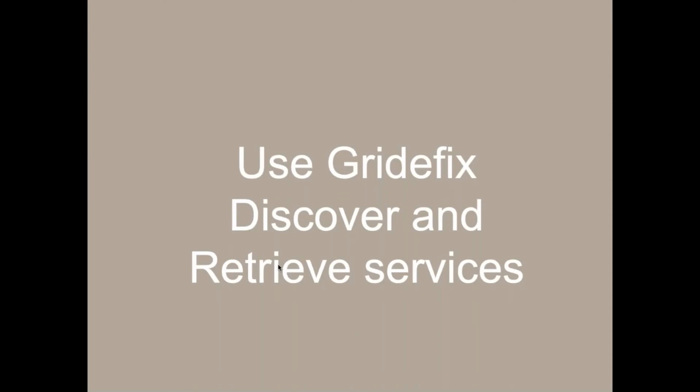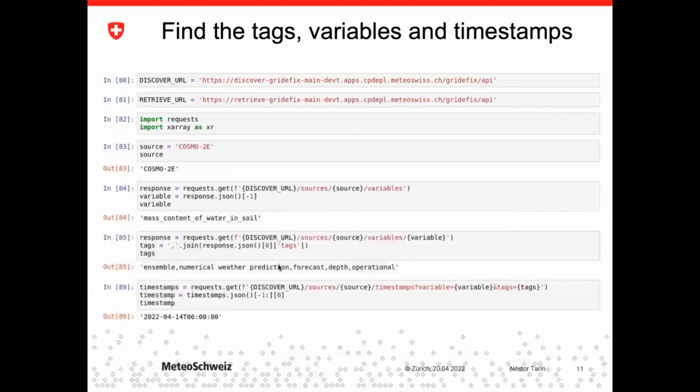Okay, I also printed out some Jupyter notebook screenshots. Here I use our service. We have a bunch of API services or REST services to query our database or our metadata. For a given source, I fetch the first variable, actually one of the variables, in this case the mass content of water in soil, and then I fetch the tags.